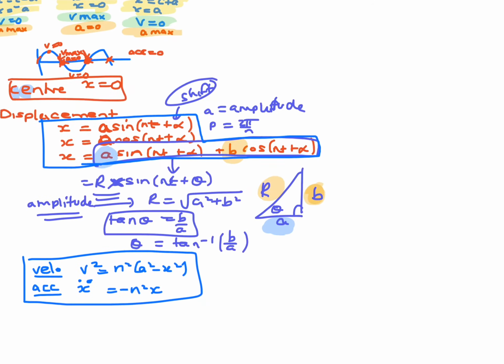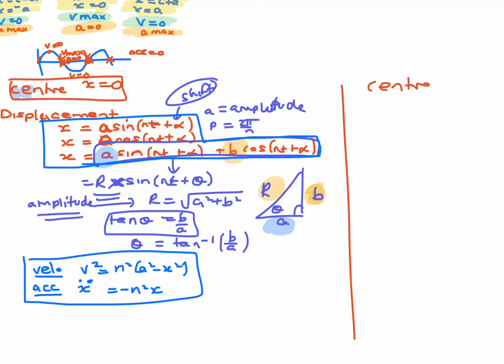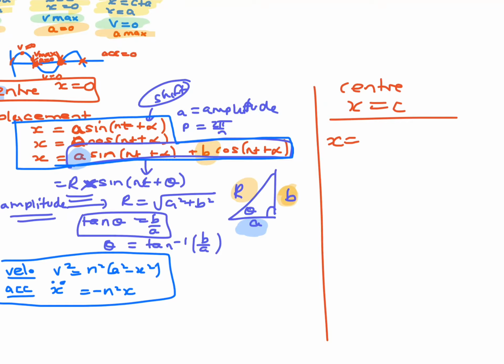Now if you have the same thing and you shift your centre, so your centre is at x equals c, then for all of those displacement graphs that we just looked at, so a sin(nt + alpha), all you're doing is adding c on. So it just means that it goes up c.